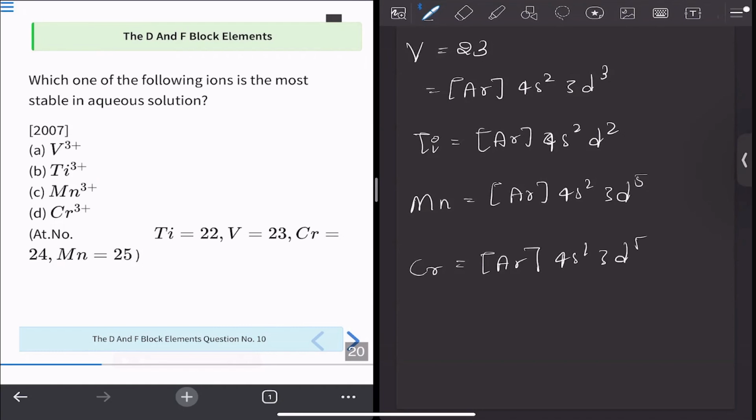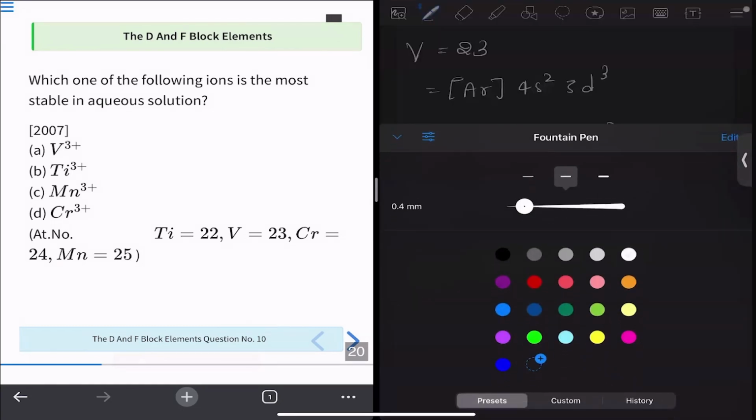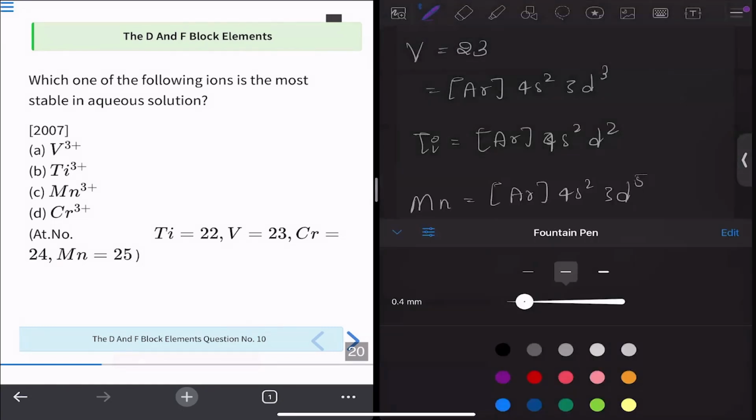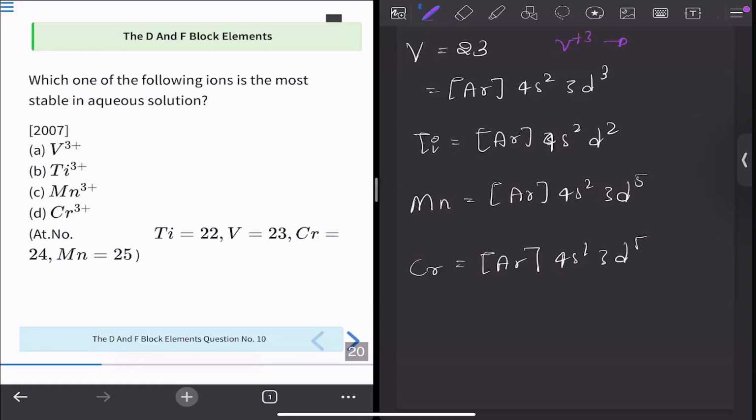So vanadium plus 3 will have these two electrons removed and this one electron removed, so it will have a 3d2 configuration. Titanium plus 3 will have 4s2 removed, and here one electron is removed, so it will be 3d1.